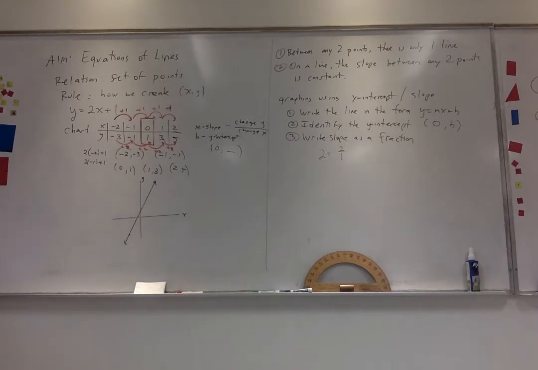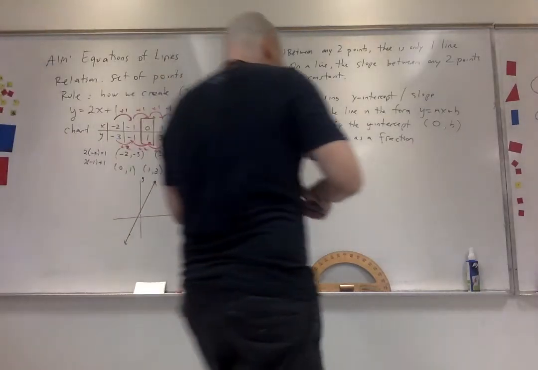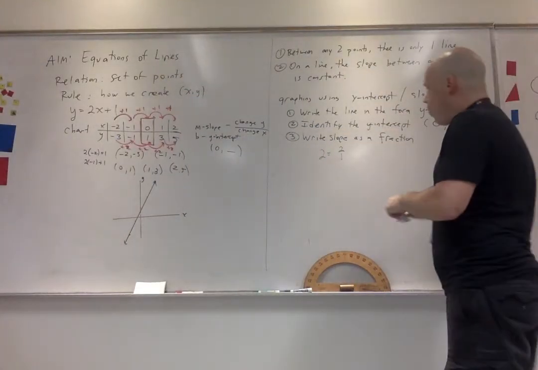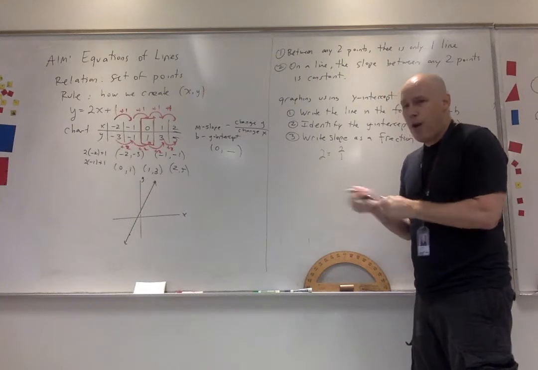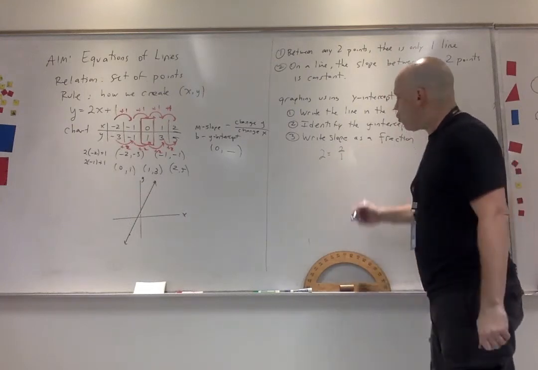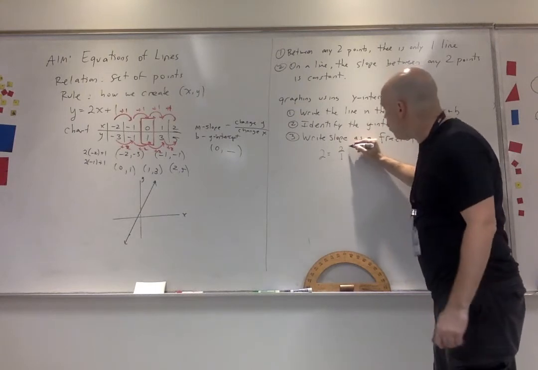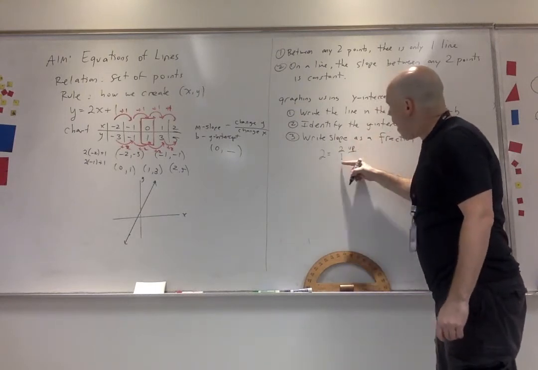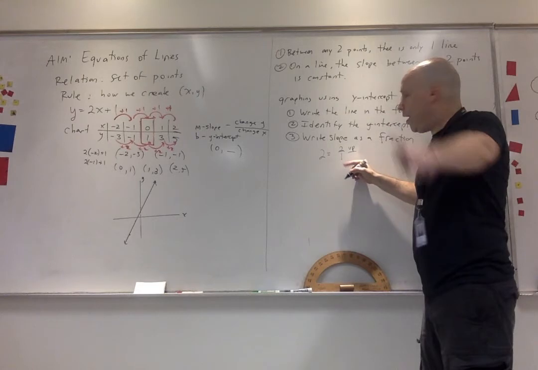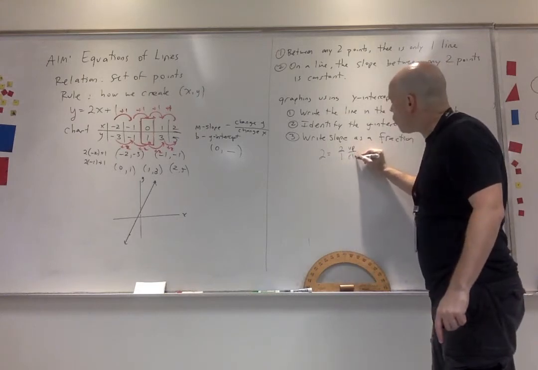So when we wrote 2 over 1, these are the directions. 2 is the rise. In this case, because it's positive, you knew it was up 2. And because 1 is the run, and it's positive, it's 1 to the right.